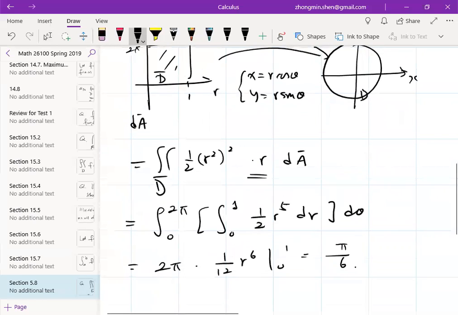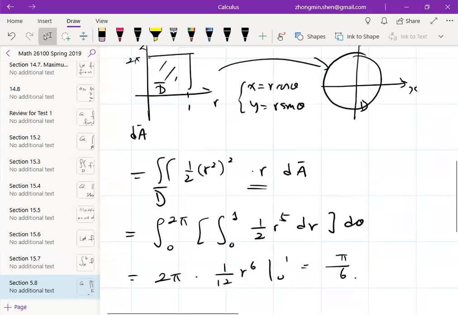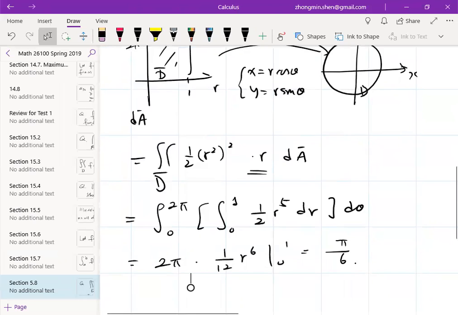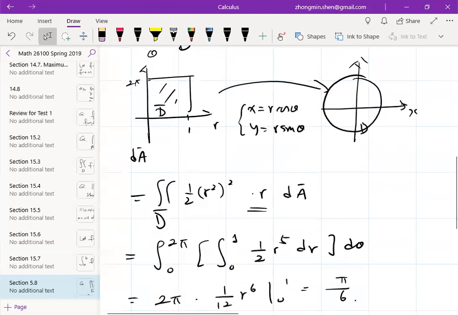We turn the triple integral into a double integral and into iterated integrals. By iterating, there are only two integrals here: one is a double integral, the other is a single integral. Step by step, we don't break the triple integral into three single integrals, because sometimes it's impossible.